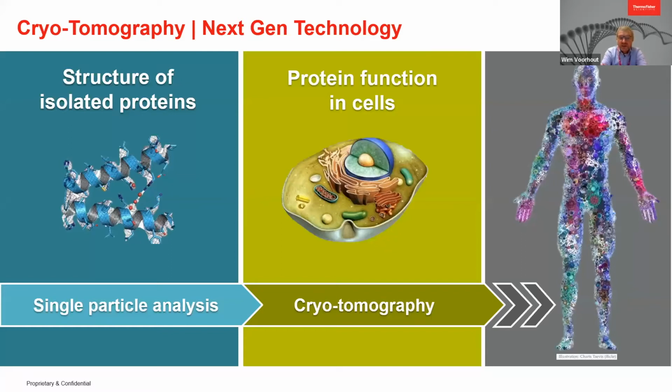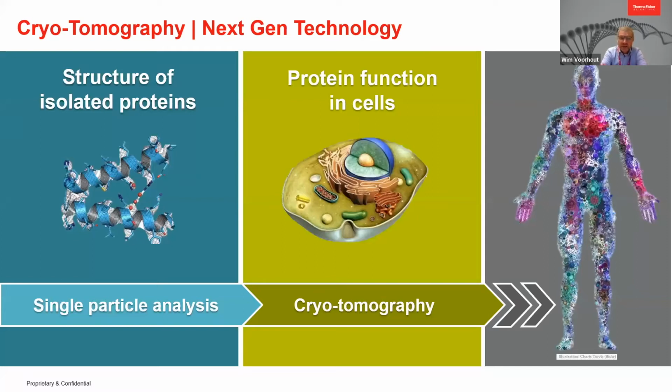But still, you have to isolate the protein and take it out of its natural environment, take it out of the cell. So therefore, it's very interesting to look at these proteins in their cellular context.